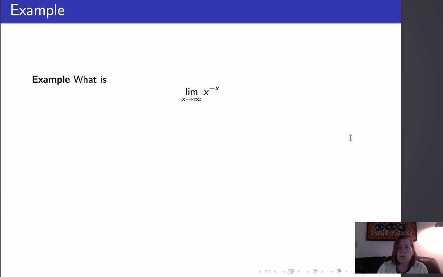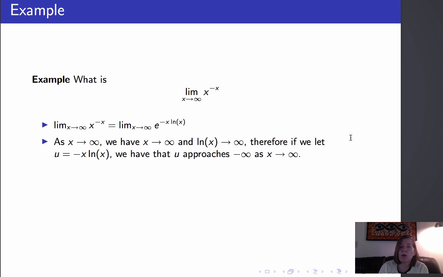Let's try to solve this limit. As I mentioned, it helps an awful lot to write this as the limit as x goes to infinity of e to the minus x times the natural log of x. That's just using the definition of x to the minus x. And now as x approaches infinity, the x value approaches infinity, and the natural log of x also approaches infinity.